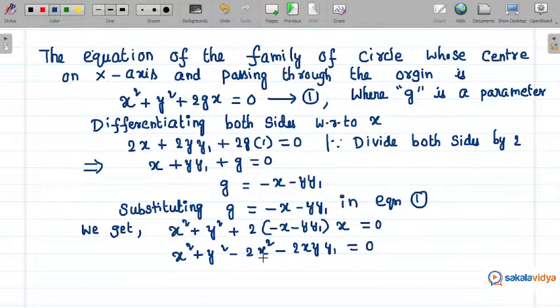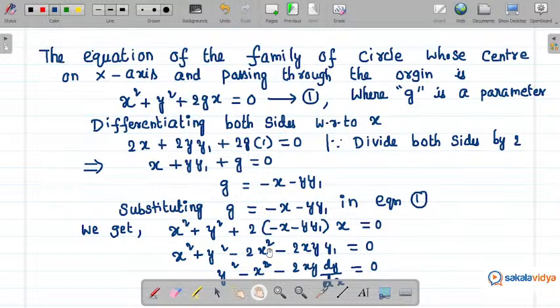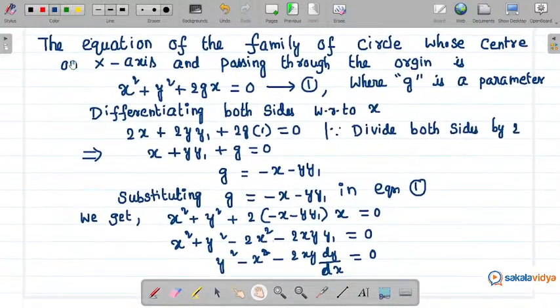Then x square minus 2x square we can have minus x square. So y square minus x square minus 2xy y1, we can write y1 as dy by dx, equal to 0. So this is the required differential equation.